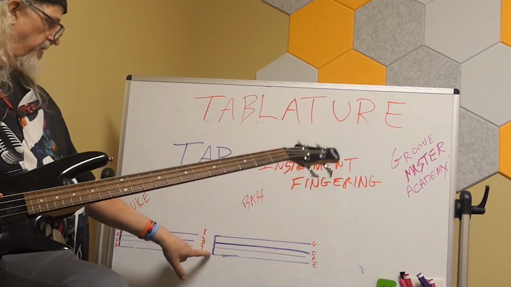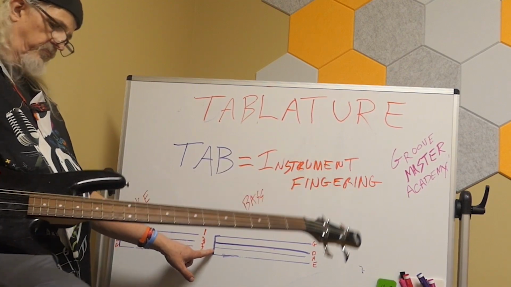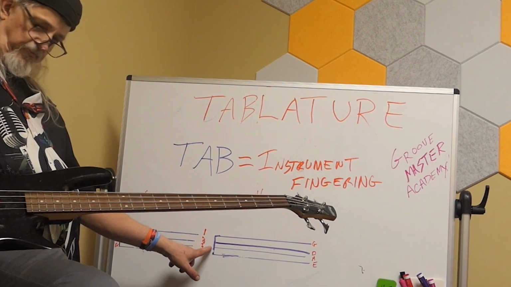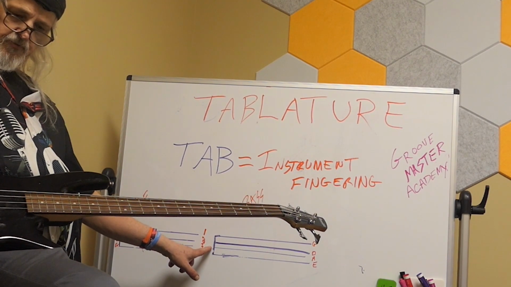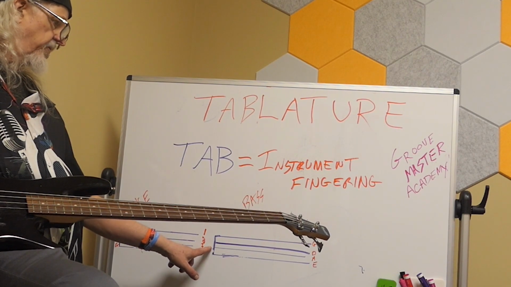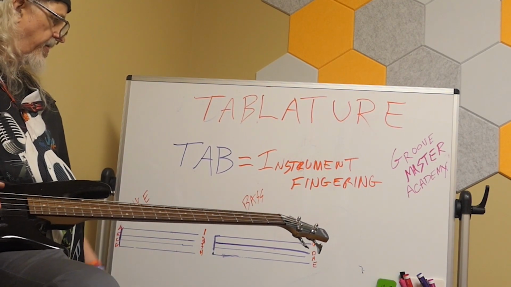And then of course this line is A, or string 3, and this is D, string 2. Okay, and that's really all there is to that.